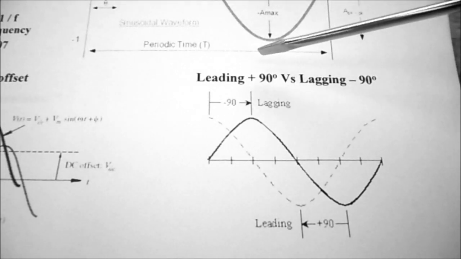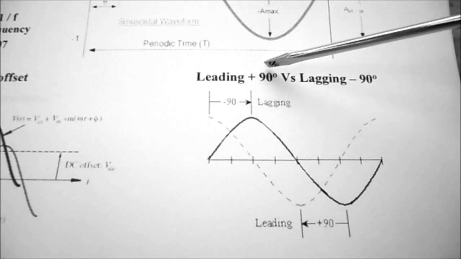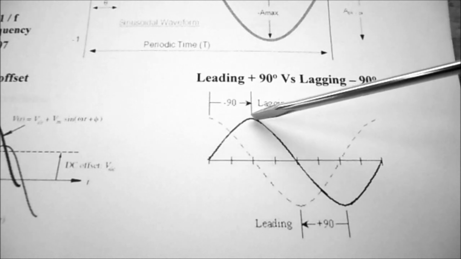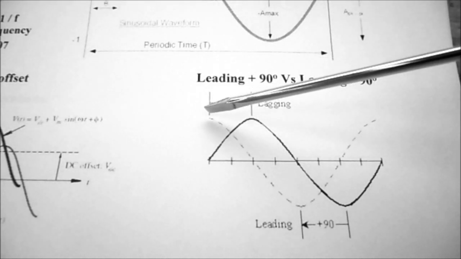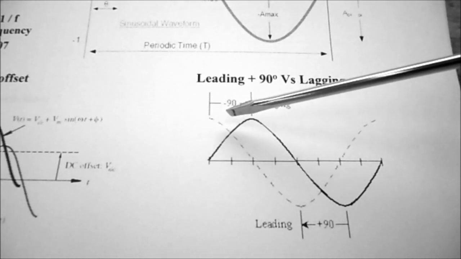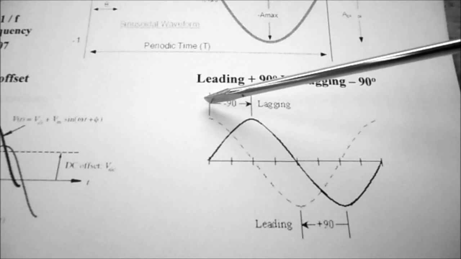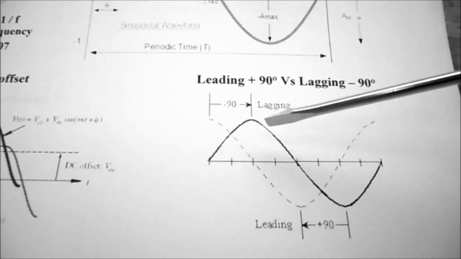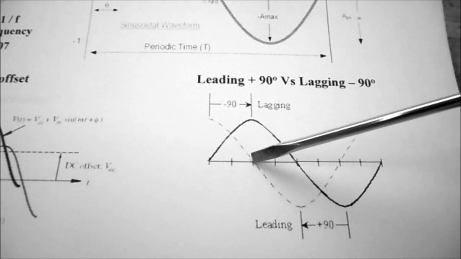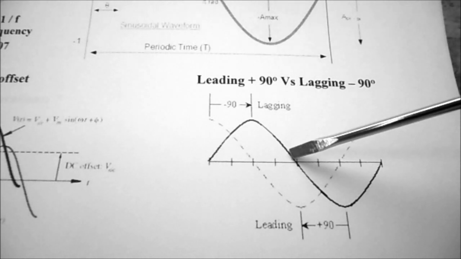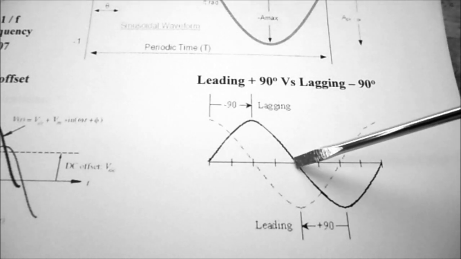So in this diagram, we're taking a look at leading by 90 degrees versus lagging by 90 degrees, and it all depends on which waveform you use as your reference. So if we take the dotted line waveform as our reference, we can see that the solid line waveform is lagging by 90 degrees. So we say it's minus 90. So the first waveform crosses the 0 line. The solid waveform crosses sometime later, so it's lagging.